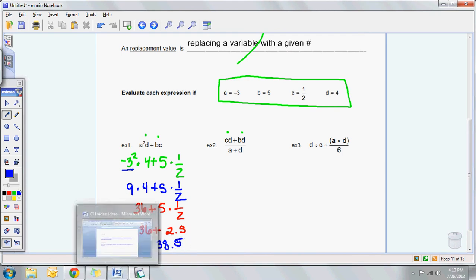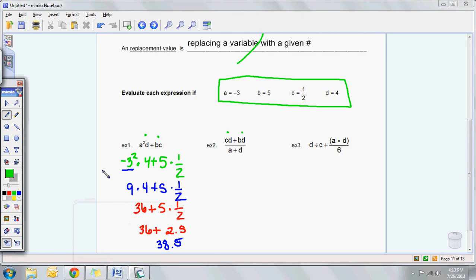Alright, let's try the next one here. First thing we're going to do is just replace those variables with the numbers. So C is going to be 1/2 times 4 plus 5 times 4. So that's our top. And then the bottom is going to be -3 plus 4. So now I can start simplifying the top and the bottom. So on the top, first thing I'm going to do is this multiplication.